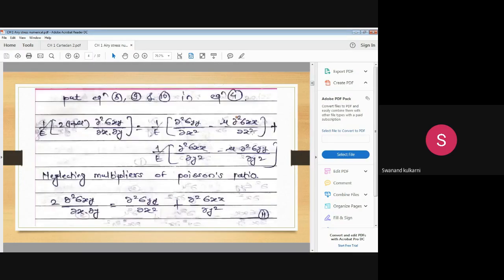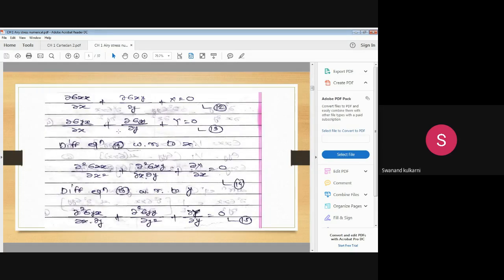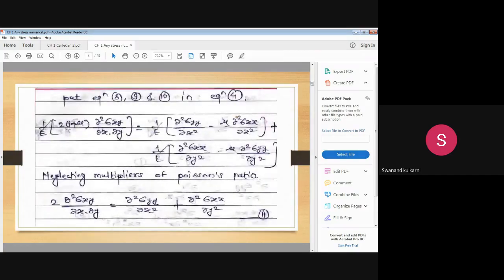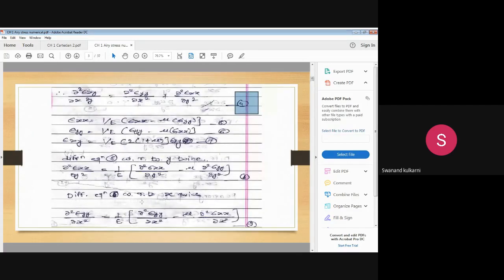Substituting those equations here, we also have one more term: equation number 7 is differentiated with respect to x and later with respect to y, and that became equation number 10.